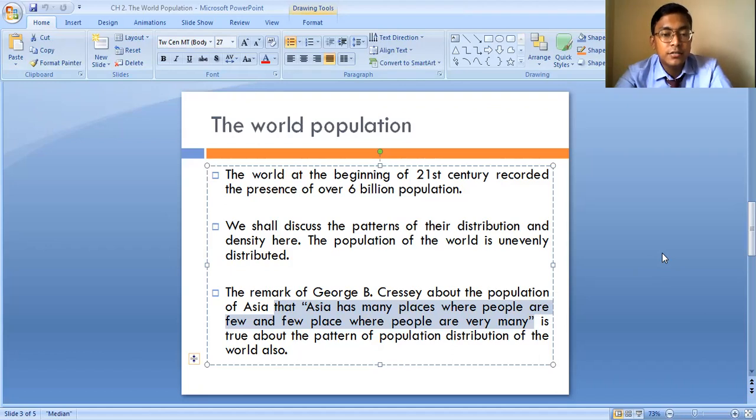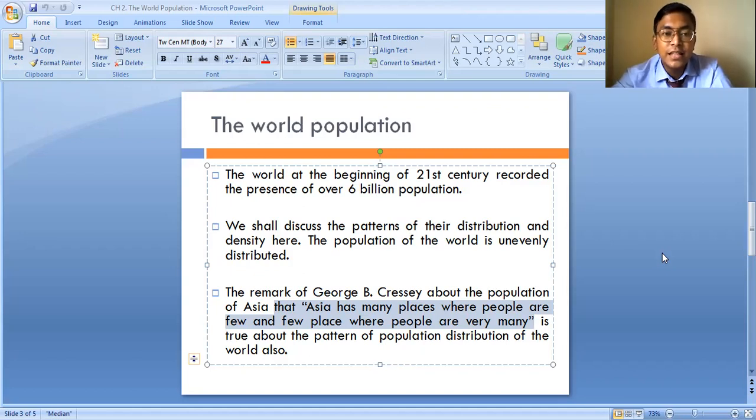Why? Because Asia is the largest continent in the world, and it is also the continent with the highest population. So George B. Cressy, a geographer, said that Asia has many places where people are few.